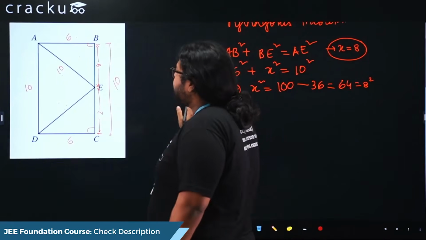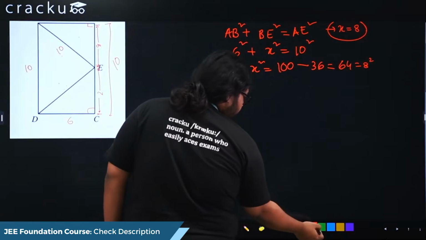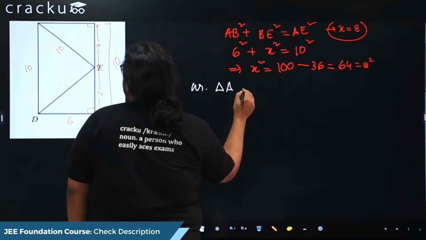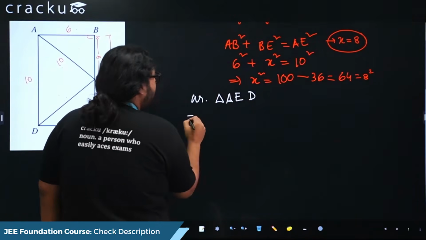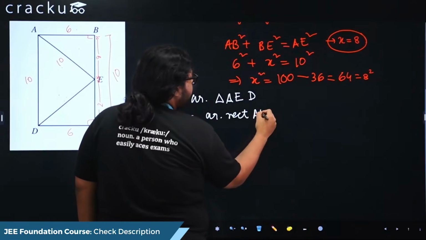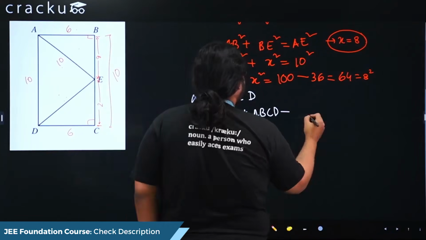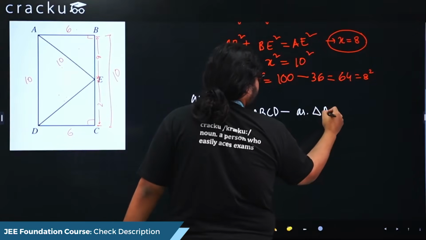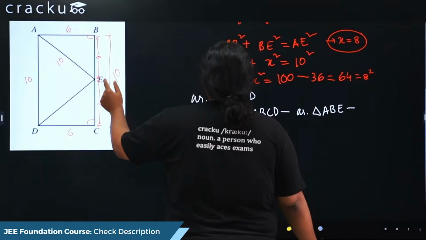What I can say is the area of the triangle AED is basically the area of the rectangle ABCD minus the area of the triangle ABE minus the area of the triangle DCE.